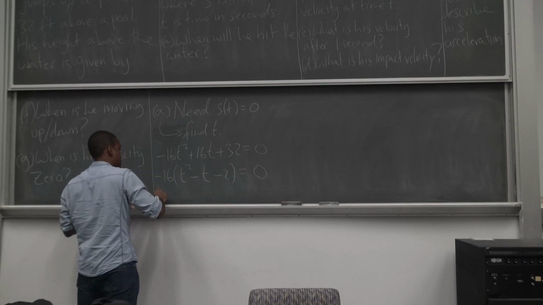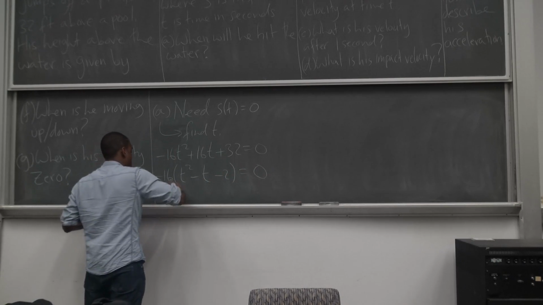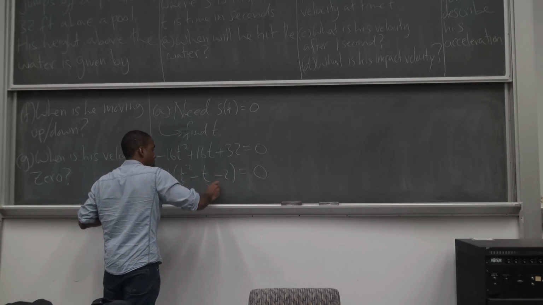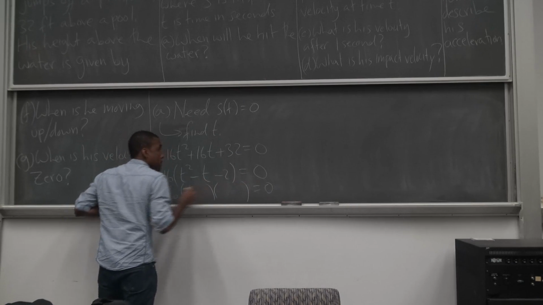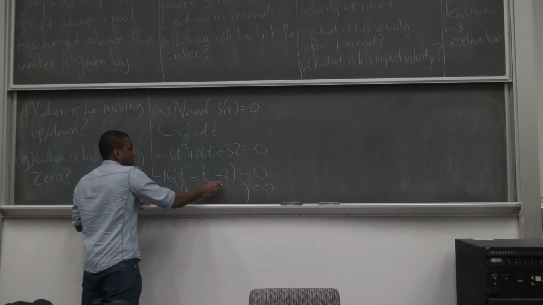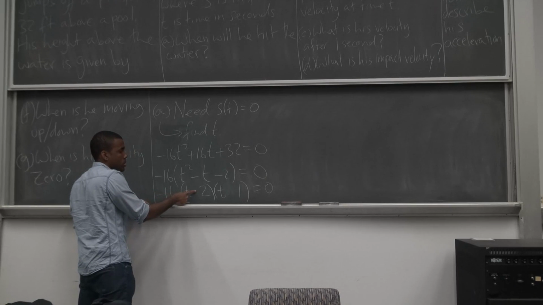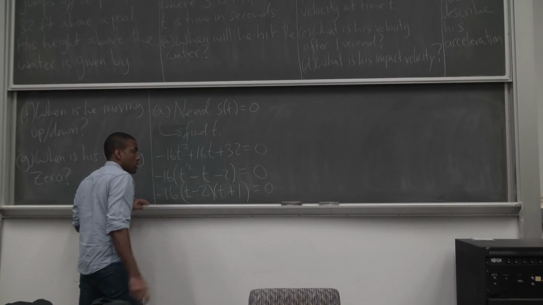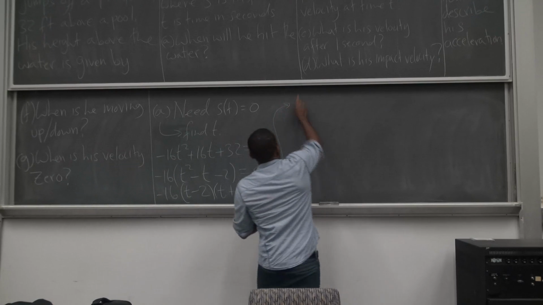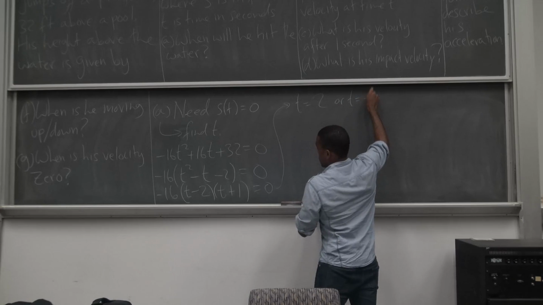Now what? First, it's going to be t at 2 and 1. What sign here? Minus, plus. So now I solve that, and I get t equals either 2 or t equals minus 1.